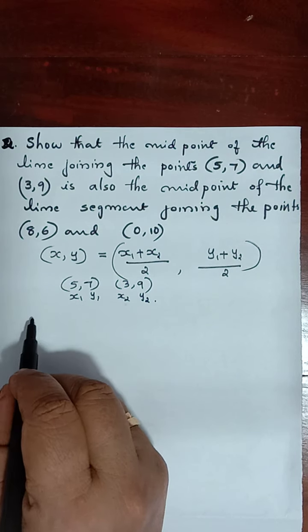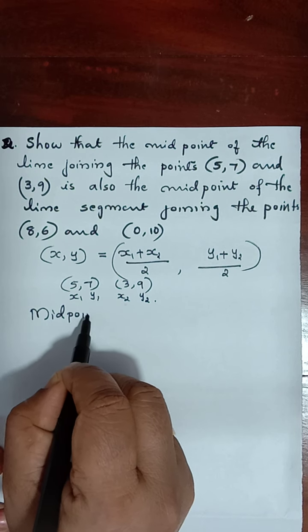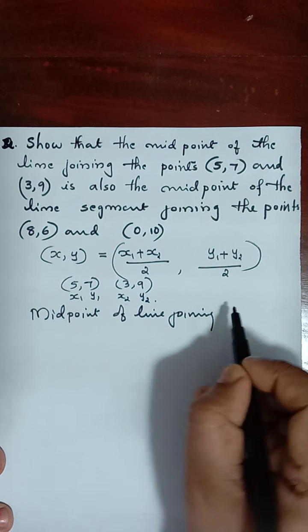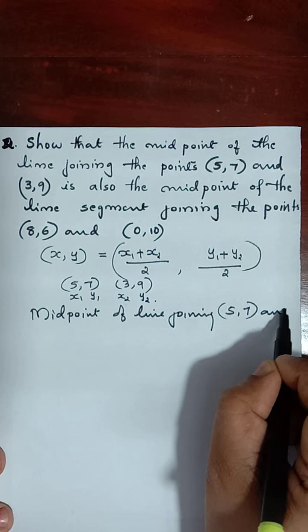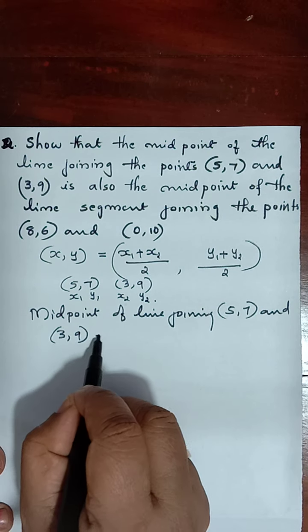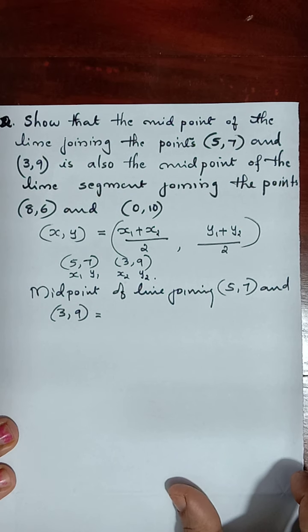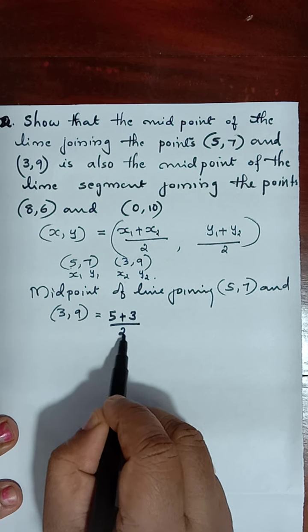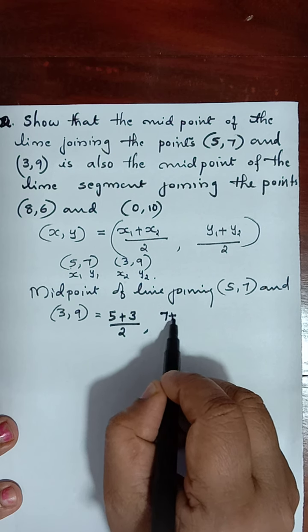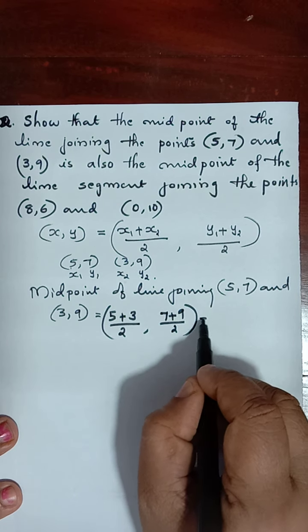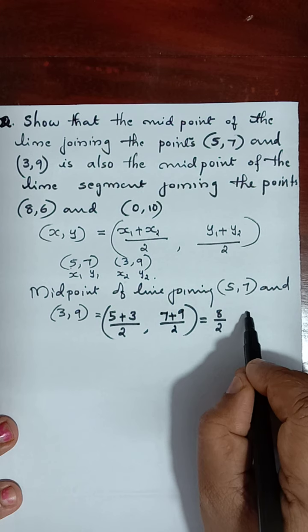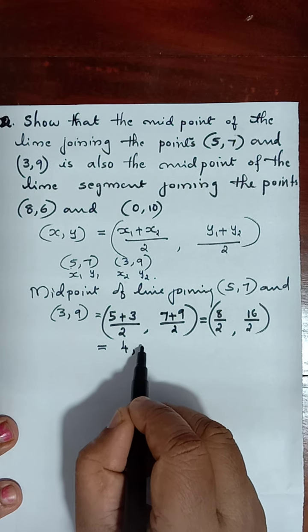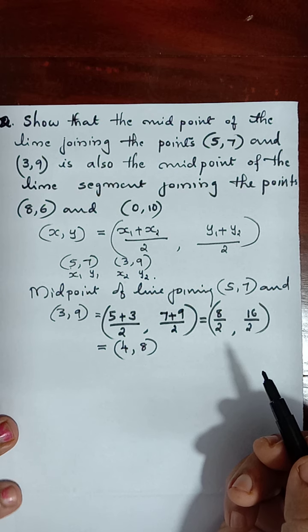So we write the midpoint of the line joining 5, 7 and 3, 9 equal to, directly applying the formula, x1 plus x2 by 2, 5 plus 3 by 2, and 7 plus 9 by 2. 5 plus 3 is 8 by 2, 7 plus 9 is 16 by 2. 8 by 2 is 4, 16 by 2 is 8. We are getting 4, 8.